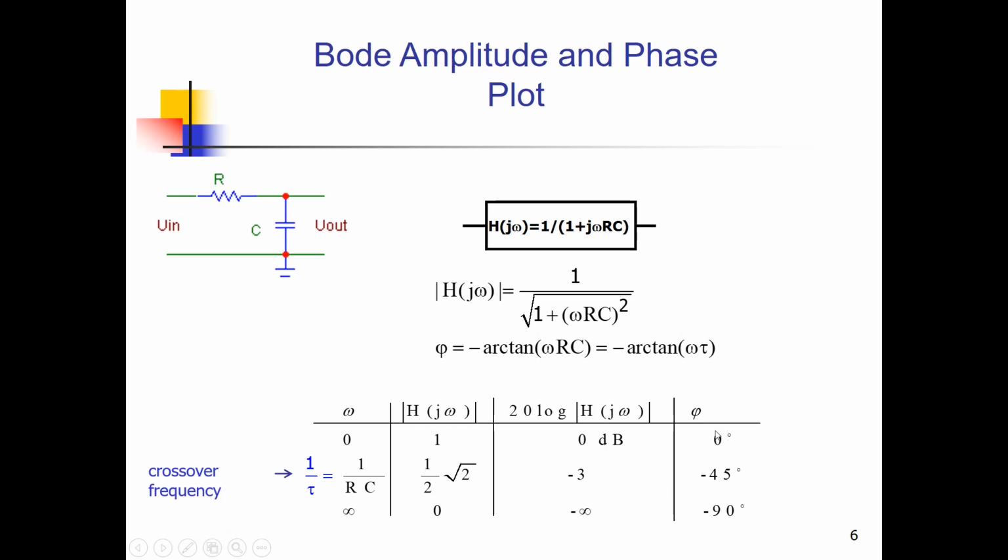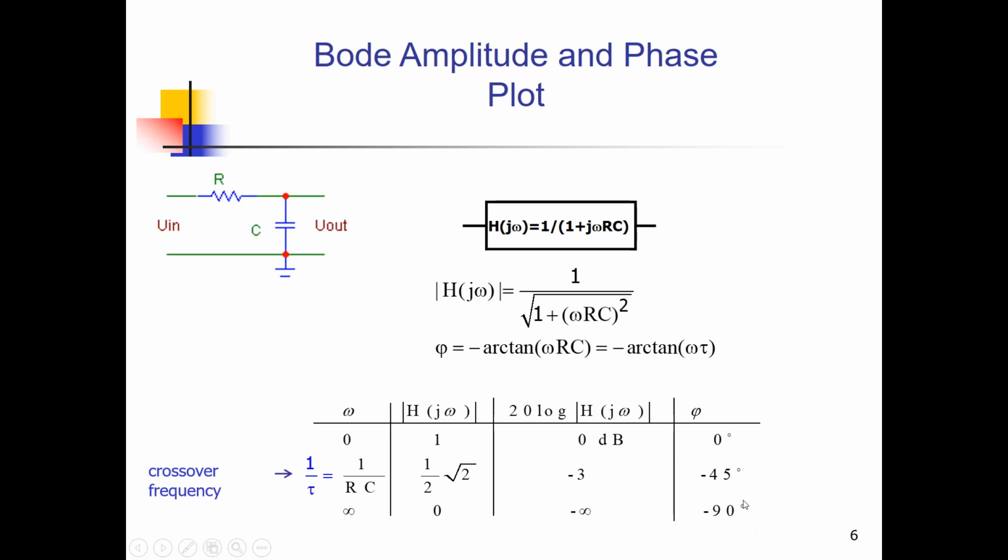Now let's look at the phase. This is the expression for the phase. For omega is 0, we get a phase of minus arctangent of 0, which is 0 degrees. Going to very high numbers of omega, towards infinity, we get minus the arctangent of a very large number, which goes to minus 90 degrees.